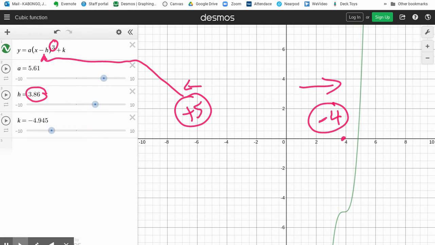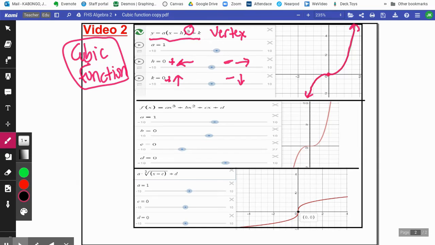So cool. Let's go back here and look at the standard form. You can write standard form right there. With the standard form, we're not really going to look at b at all. I'm going to show you at least what it does, but I'm not going to test you on b. I'm also not going to test you on c. You have a first, then b, c, and d.